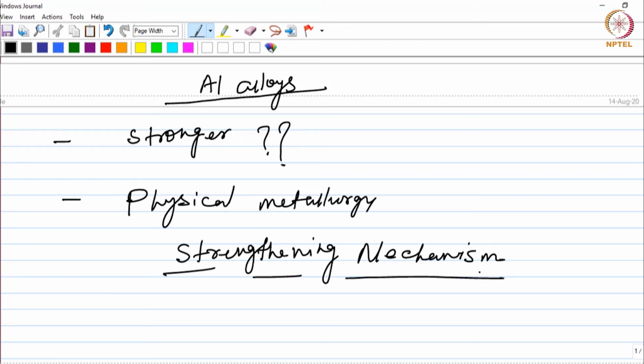Okay, so this will be our first topic with regard to physical metallurgy of aluminium alloys. Okay, and we'll start with solid solution hardening or solid solution strengthening, because right now we are talking about alloys or solid solutions.